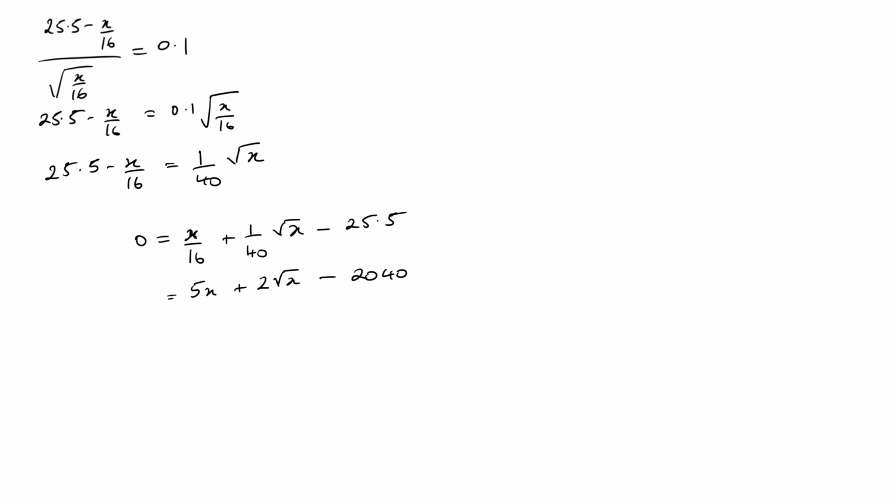So this is obviously our values for root x. So they are 20 and minus 102 over 5. And obviously if I square them, x would then become 400. And then the second one would just be impossible.